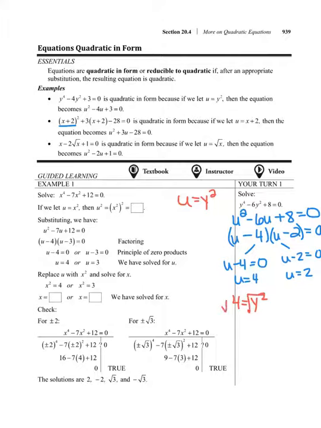So take the square root, so y equals plus or minus 2, and then the same thing over here, 2 equals y squared, so y equals plus or minus the square root of 2. So I need to go back and check those to make sure that those solutions work.